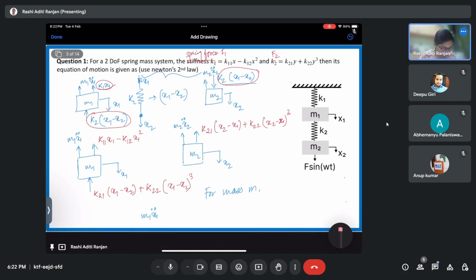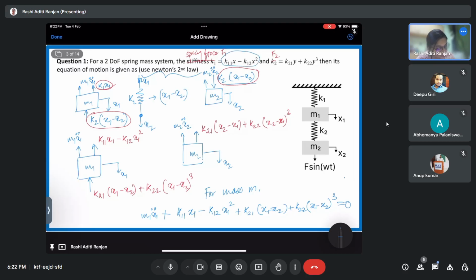Okay, m1 x1 double dot plus k11 x1 minus k12 x1 square plus k21 x1 minus x2 plus k22 x1 minus x2 whole cube equals 0.